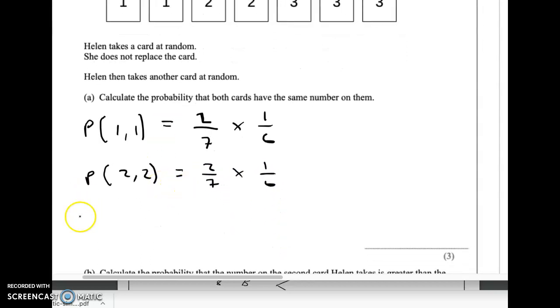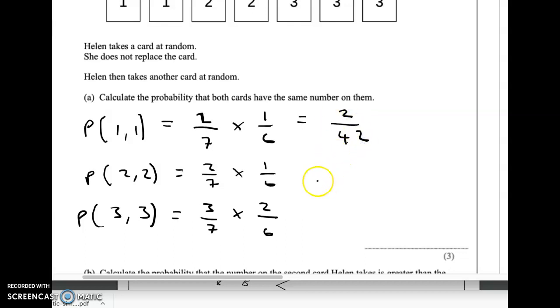Or the probability that it's 3, then 3, which equals, well, there are three 3s, so it's 3 over 7 times 2 over 6. So this equals 2 over 42. This equals 2 over 42. And this equals 6 over 42. Add them up, and you've got 10 over 42.